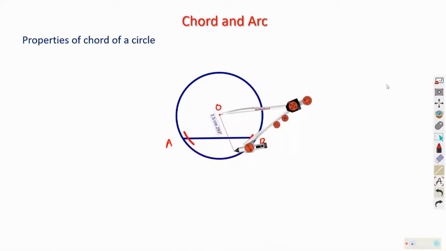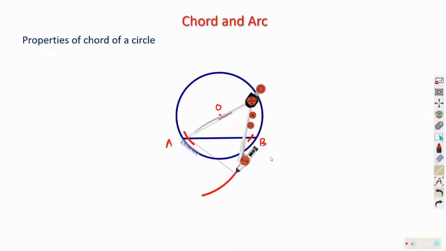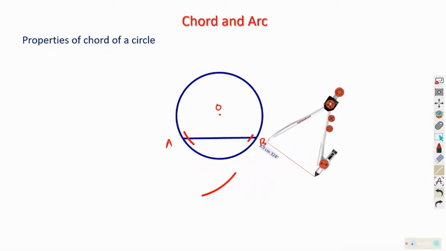Okay, let me take out the compass, keep it here, just expand it either on the upper side or lower. I can draw, I am doing it here. Simply keep the compass here.